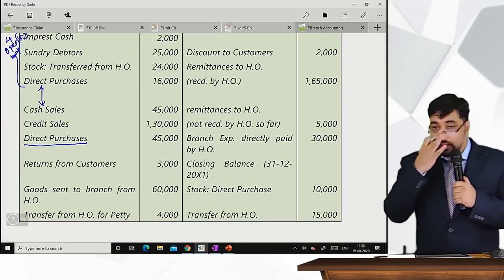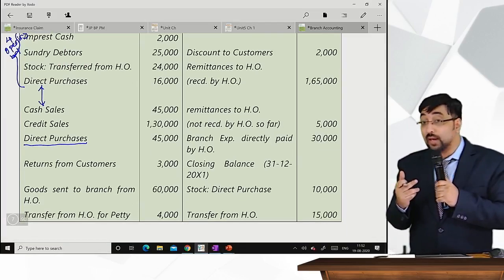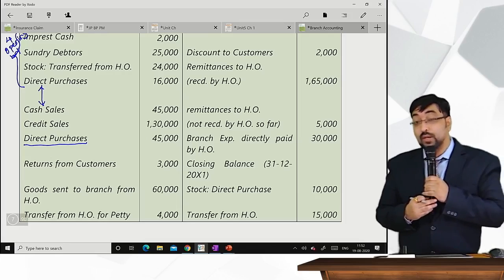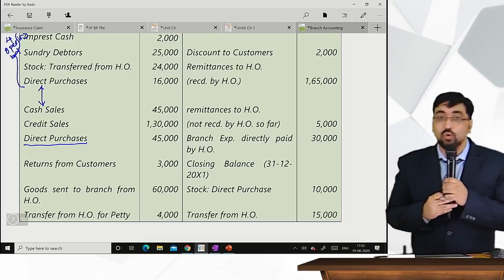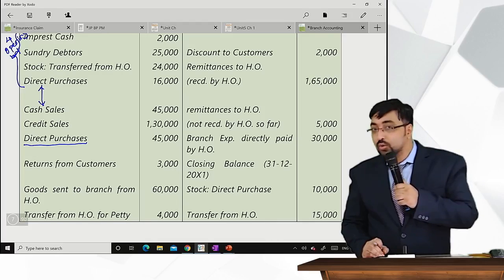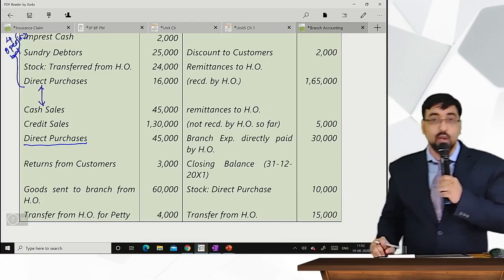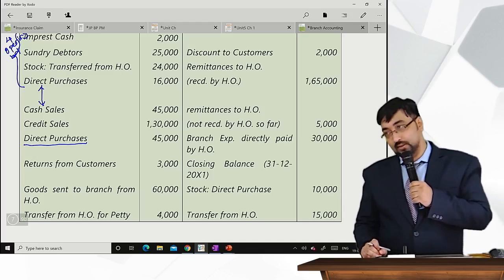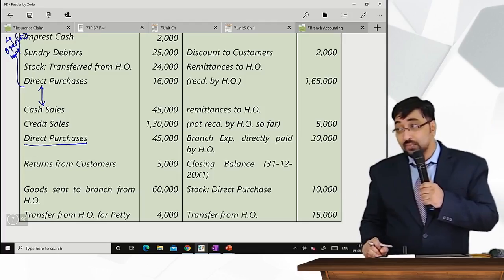Now tell me, cash sales entry, you have to think from the angle of HO. Whether you are going to pass an entry for cash sales, no, because sales is made by branch, so don't record cash sales. Credit sales, whether you are going to record this, no, credit sales is not recorded. Now tell me direct purchases. You will record direct purchases?